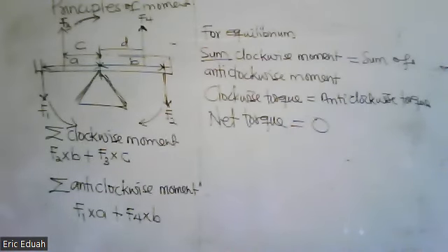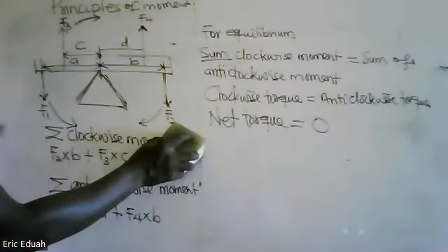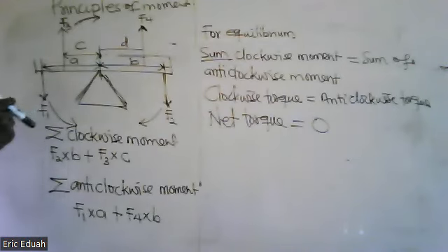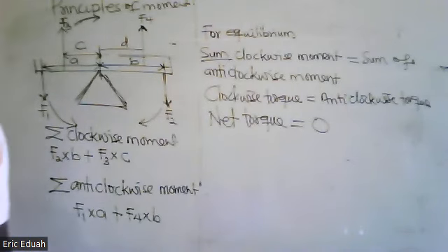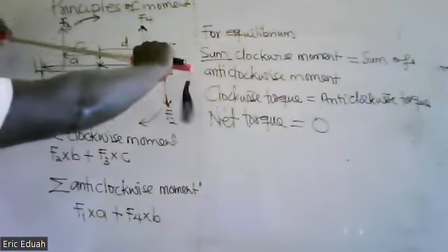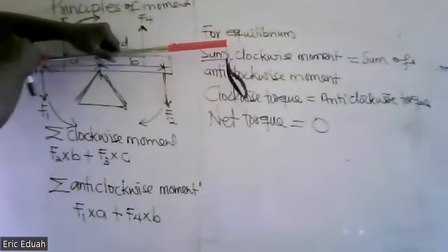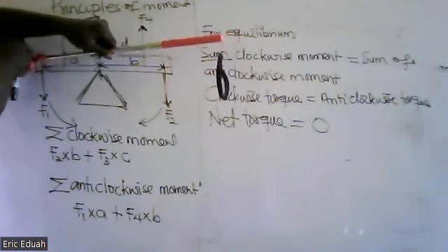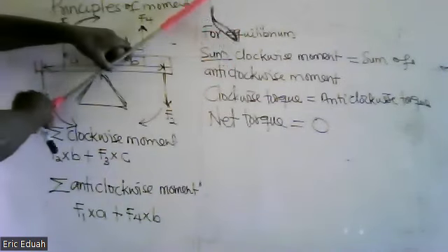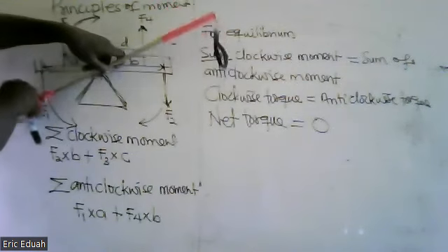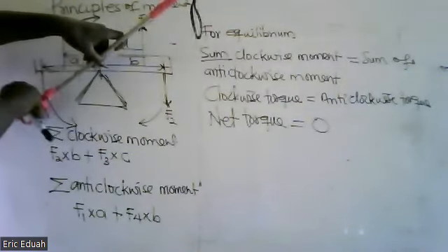Anita, your hand is up. So please, how do you identify which one is clockwise and which one is anti-clockwise? The arrows. Look, F1 is acting downwards. If this is the bar and I have a force acting on this bar downwards, then it will turn in this direction around the pivot, right?